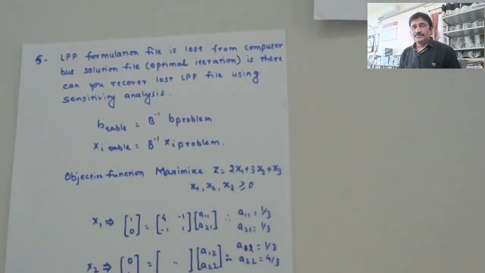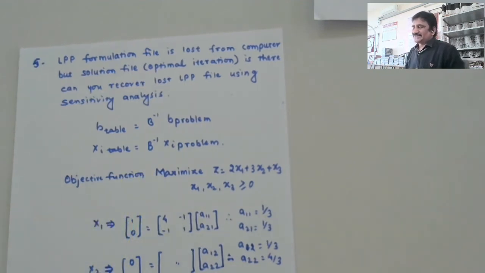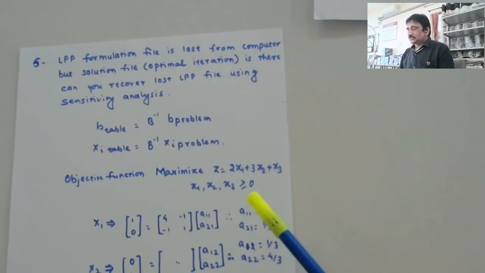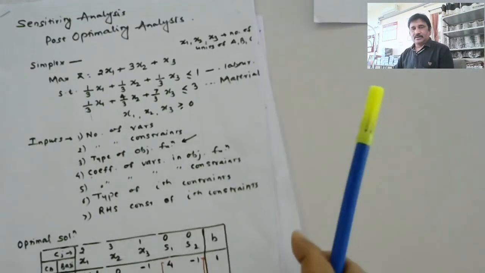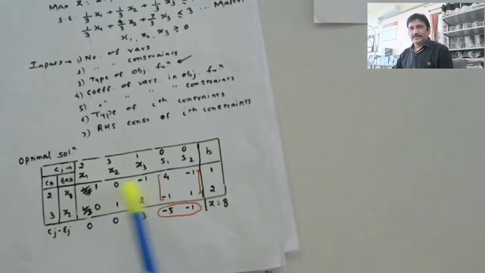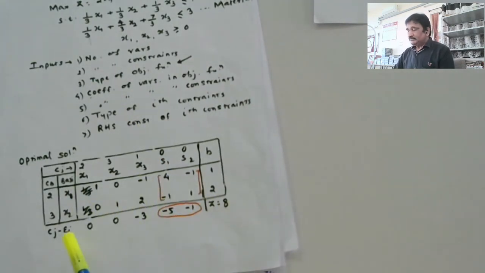The formulas which will be coming to your help: B table is equal to B inverse into B LPP, right? XI table is equal to B inverse into XI LPP, right? Now, as you are seeing in your optimal iteration file, all Cj minus Zj's are negative in the optimal iteration.